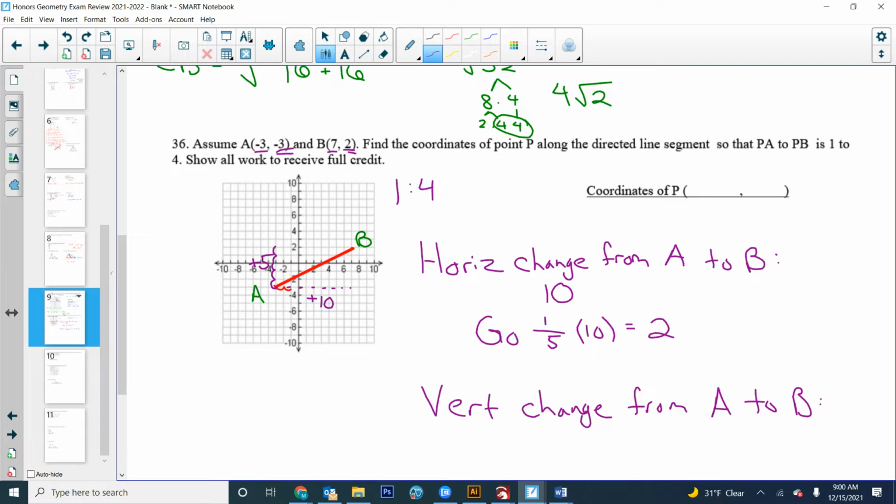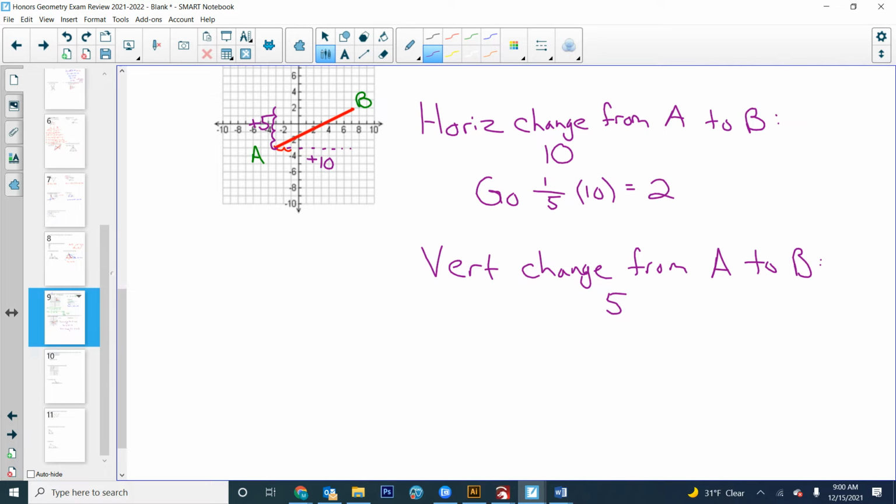So 5 is my total vertical change, but I'm not going to go all the way. I'm going a fifth of 5. What's a fifth of 5? 1. So I'm going right 2 and then up 1.